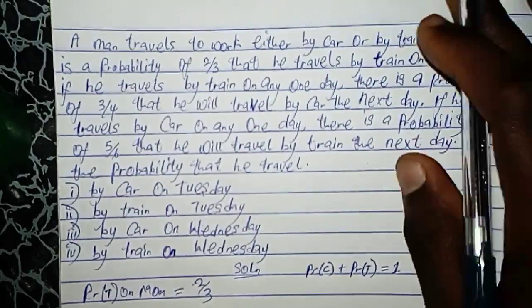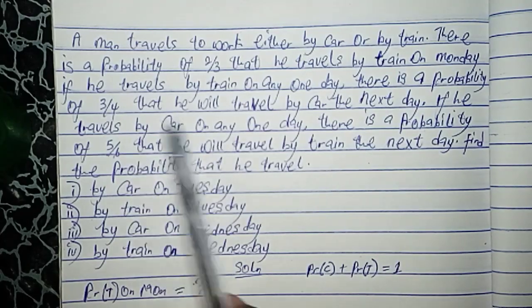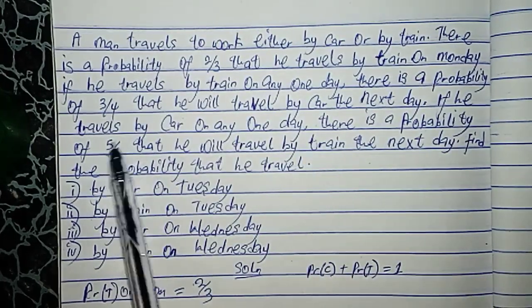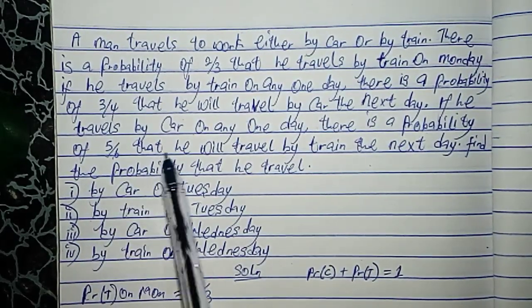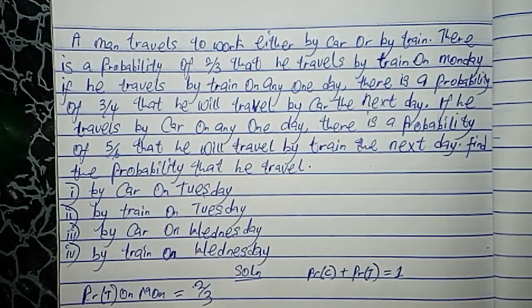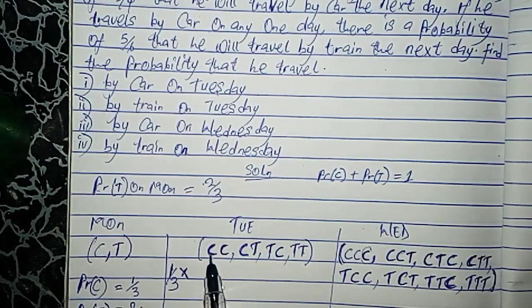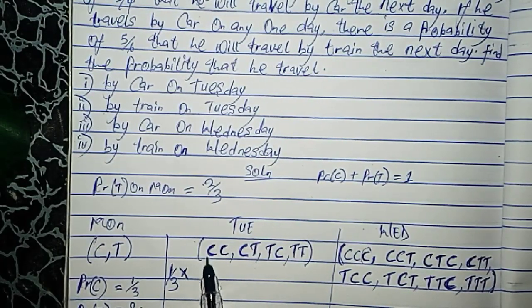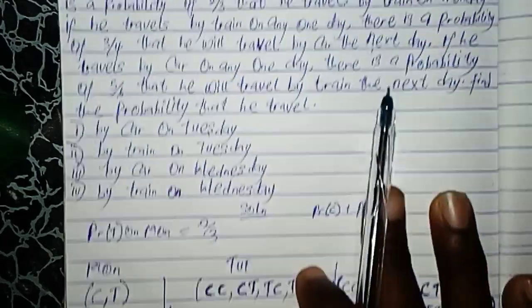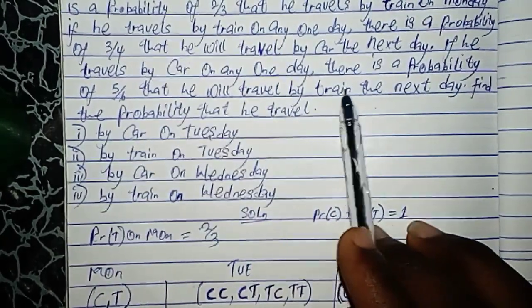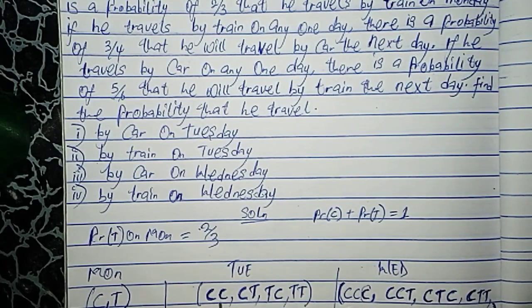But from the question, we can actually know that. It says if he travels by car on any one day, there is a probability of 5/6 that he will travel by train the next day. But he travels by car on Monday, and the next day he traveled by car again. From the question, it says 5/6 that he will travel by train the next day. This is car, this is not train.